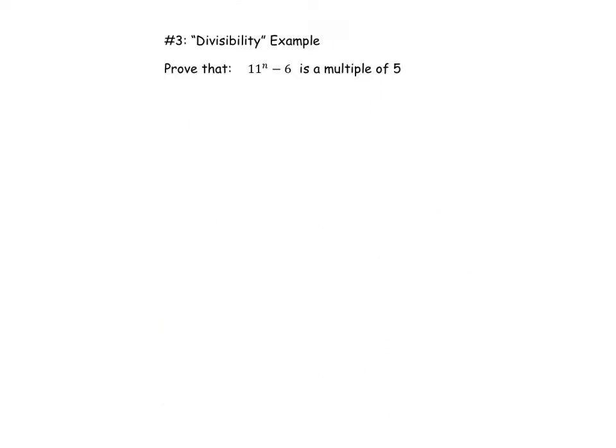Okay, so our first two examples were called series examples, just the sum of a certain number of terms trying to show that it equals some other expression. Now we're going to look at what's called a divisibility example. What I want to do is prove that 11 to the nth power minus 6 is a multiple of 5.